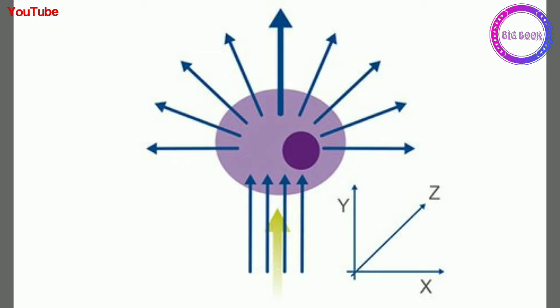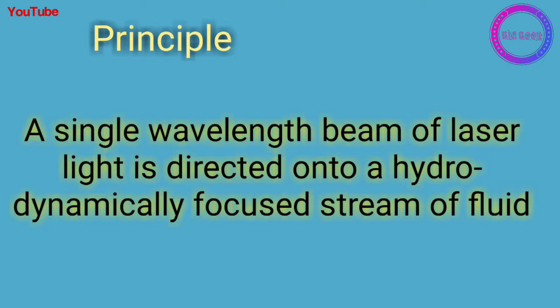This slide shows how the beam of light can get scattered according to the two-dimensional or three-dimensional kind of scattering, where from one side the beam has been passed through the droplet and the overall scattering has been shown. In the principle, a single wavelength beam of laser light is directed onto a hydrodynamically focused stream of fluid.